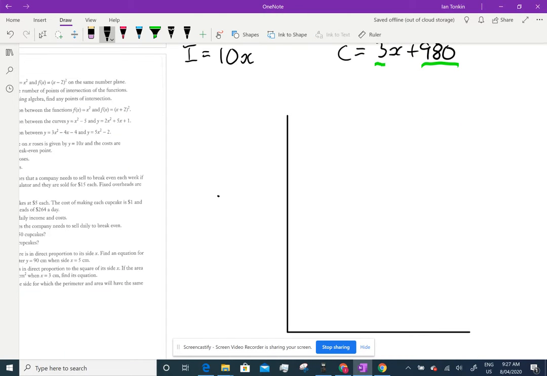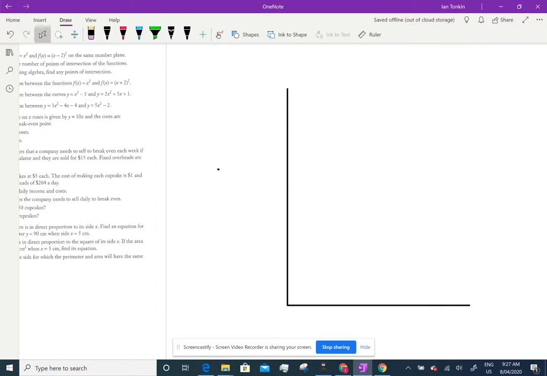Now, in this case, I'm going to have a different scale. So this is my y-axis and this is my x-axis. However, this is income and costs. It could be considered the dollars.